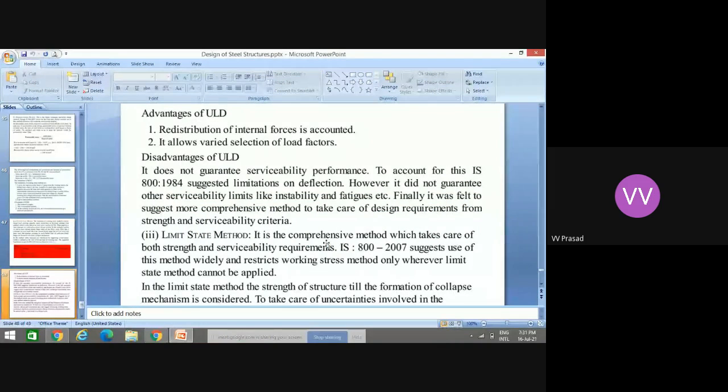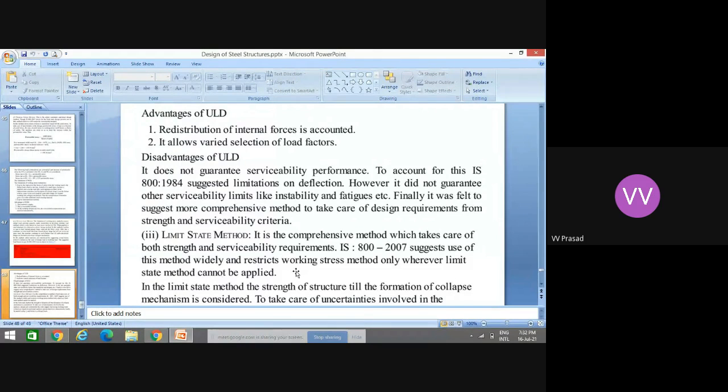Limit state design is a comprehensive method which takes care of both strength and serviceability criteria. Now most of the countries follow this method. IS 800-2007 suggests this method, and steel tables are also to be followed. We have to select the section from the steel table based on the area of the section.